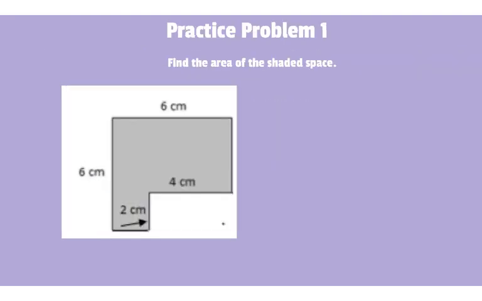So in this first practice problem, it says, find the area of the shaded space. Okay. So I remember that in yesterday's problem, I started by finding the area of the outside rectangle.